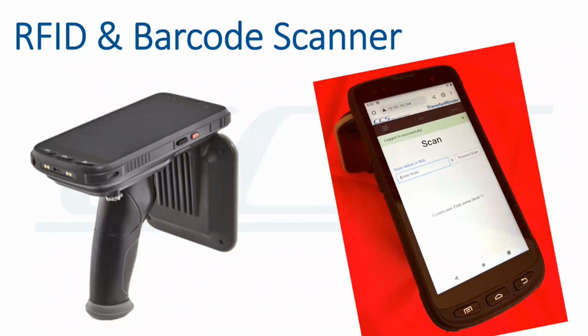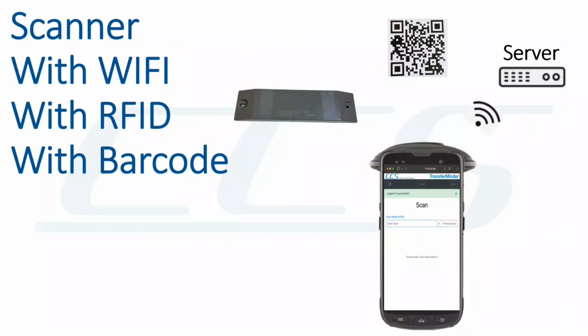Remember also from previous webinars that TransferMinder does not care which scanner you use. It only has a few requirements of the scanner. The scanner has 4 features we can focus on, which are whether it has Wi-Fi, that it can read barcodes such as the QR codes, that it can read RFID tags, including railcar RFID tags, and that it has a web browser.